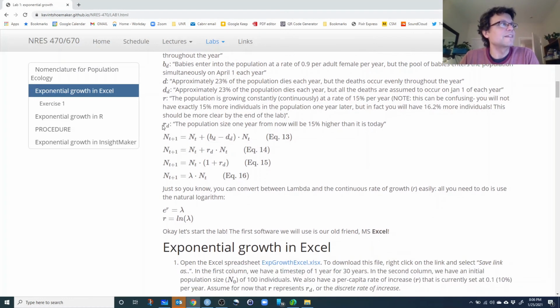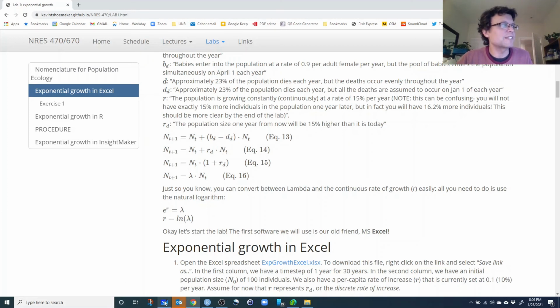And we can now think about the discrete rate of population growth. This is simply that the population size 1 year from now would be 15% higher than it is today. So if little r is 0.15, then the population 1 year from now is literally 15% greater, because this is how discrete growth works.